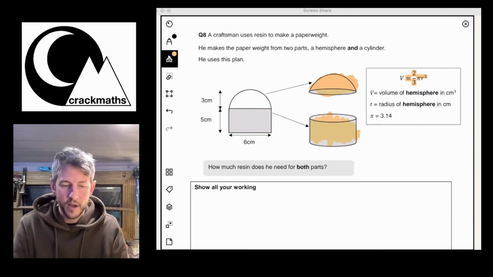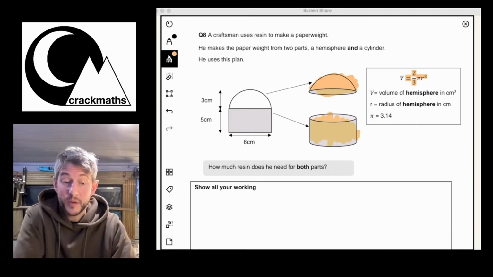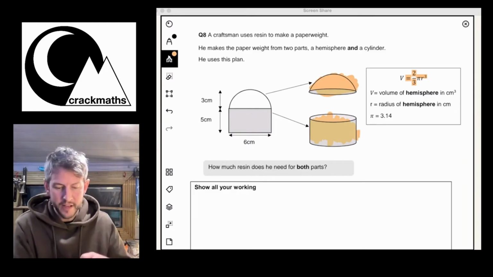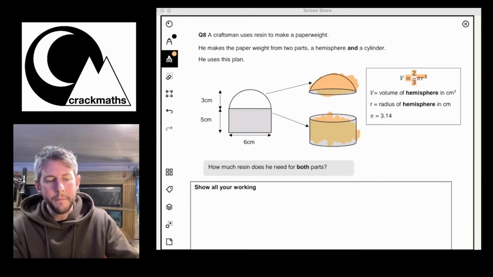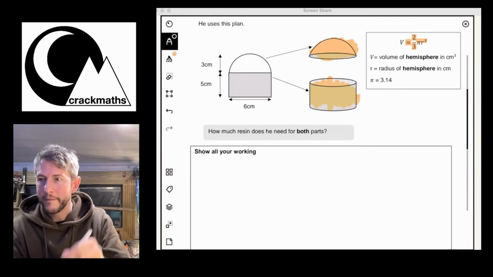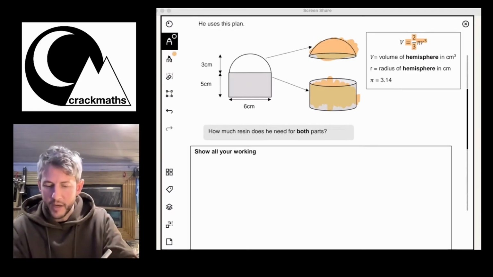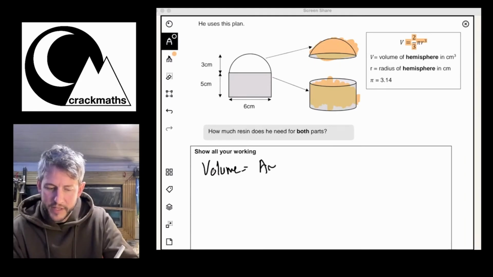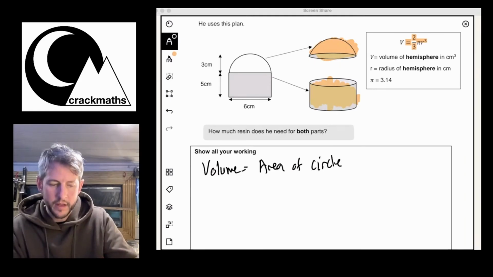So it doesn't matter which bit we do first. Let's do the volume of a cylinder first. So remember, the volume of a cylinder, we looked at it just before, see if you can remember, have a quick think, is going to be volume equals area of circle times height.